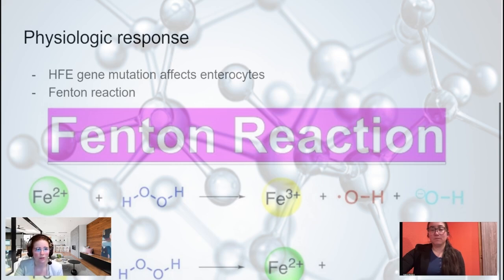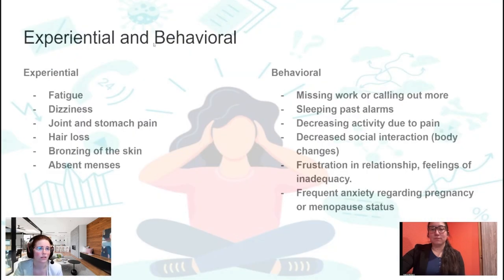The more free iron in the body, the more free radicals are produced, and the more excess iron is stored in the liver and other organs. This excess iron damages DNA and tissues where it is stored, leading to fibrosis, liver cancer, and diabetes, among other issues.